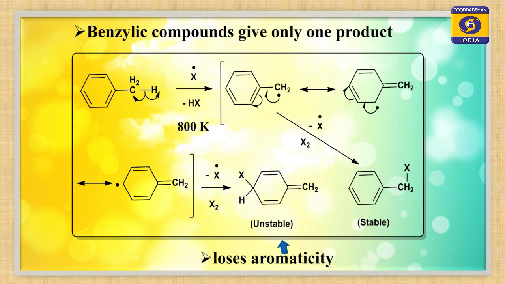But remember students, if the benzylic free radical undergoes resonance, it will disturb the aromaticity, meaning the compound is no more stable due to disruption of its aromatic character. Therefore, the halogen atom will only attach to the CH2 dot carbon to prepare benzyl chloride. So, we get benzyl chloride only.